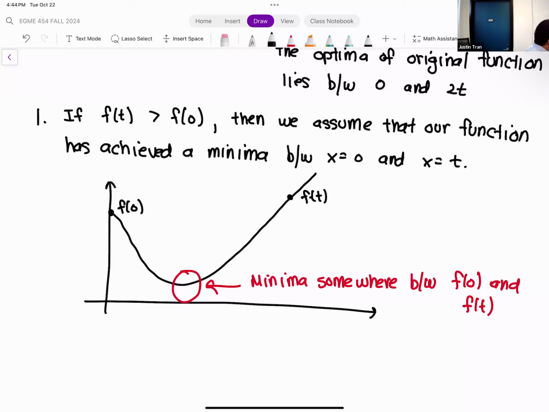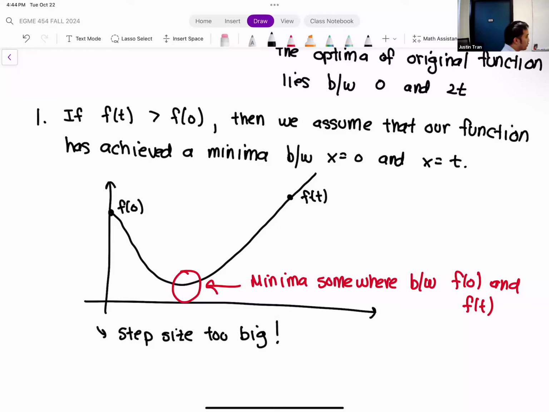But our function evaluation at 2t is kind of wasted, because all the action is occurring between x equal to 0 and x equal to t. And so this is a case where our step size is too big.